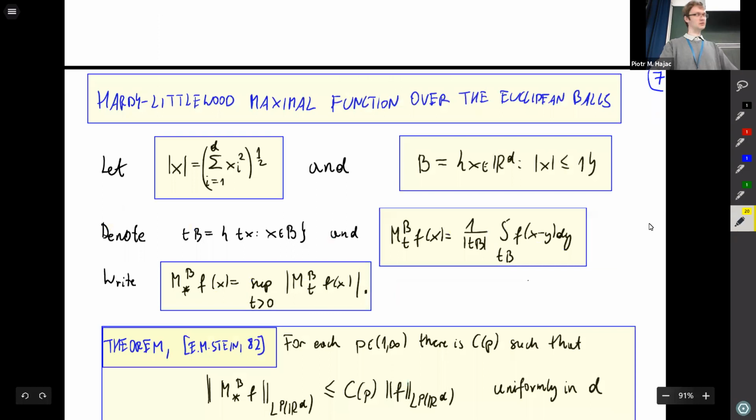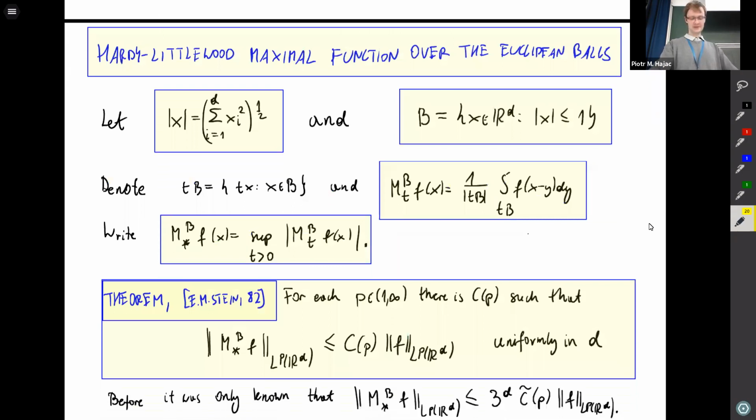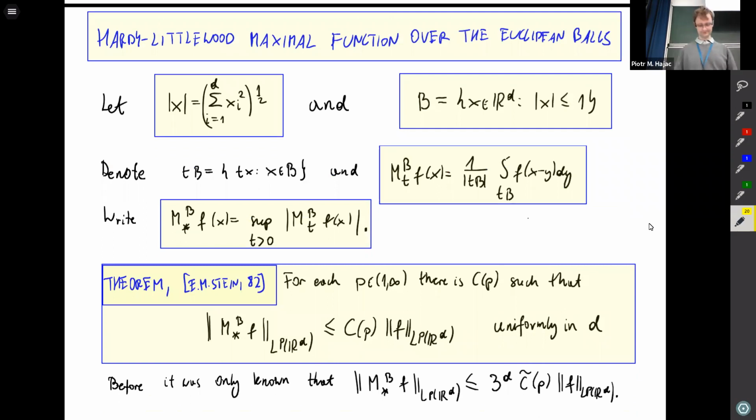Okay, so the first Hardy-Littlewood maximal function in dimensions higher than 1 was the one defined for the Euclidean balls. Here |x| denotes the length of the vector x, the Euclidean norm. B denotes the closed Euclidean ball in R^d, the set of those x in R^d that have Euclidean length at most 1. tB denotes the dilation of the ball, which means we take points from the ball and scale them by t.